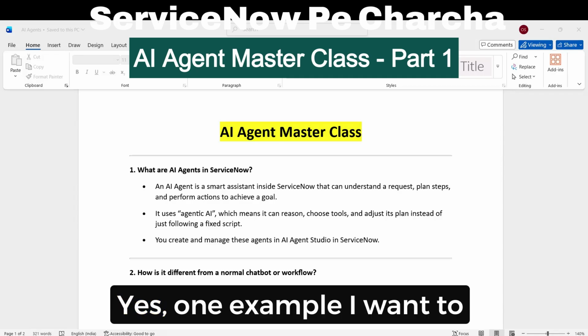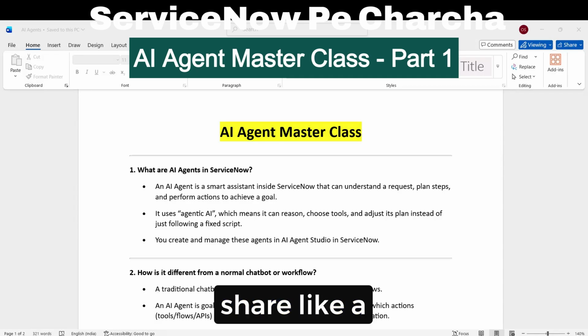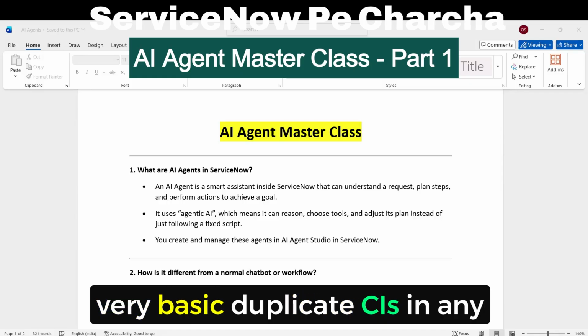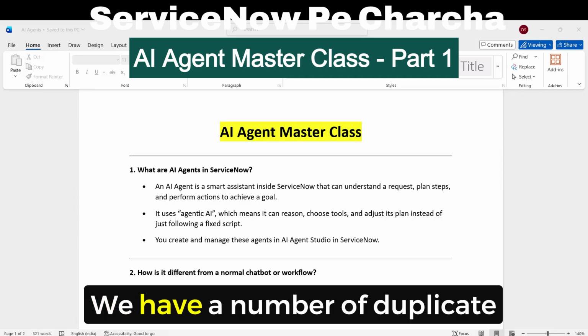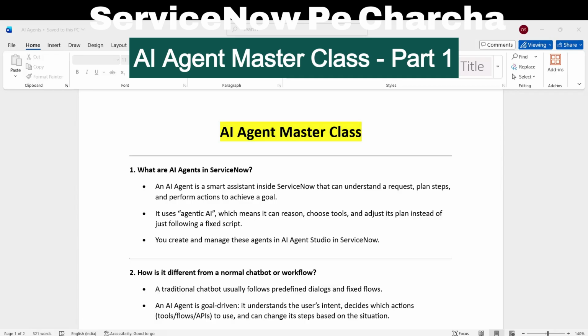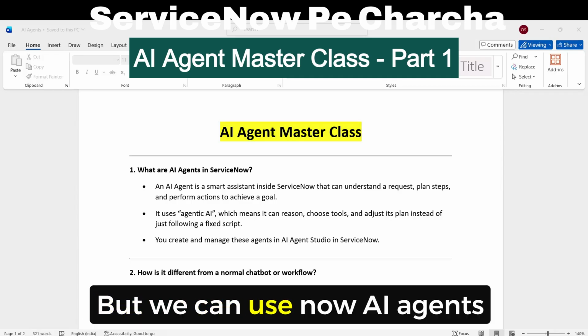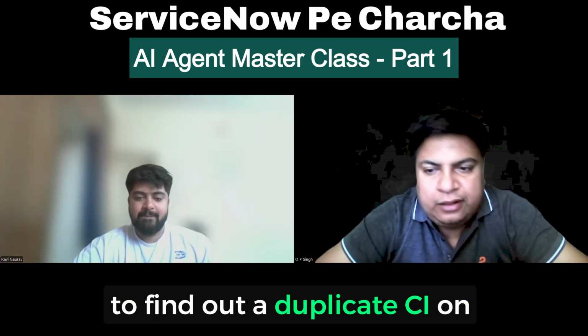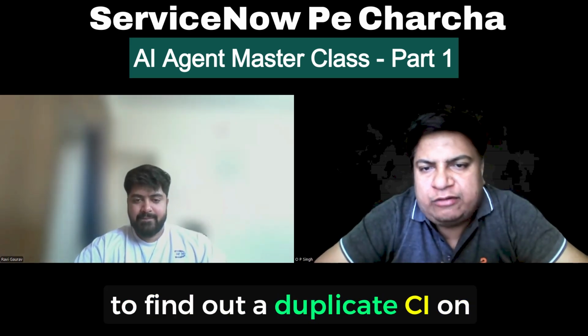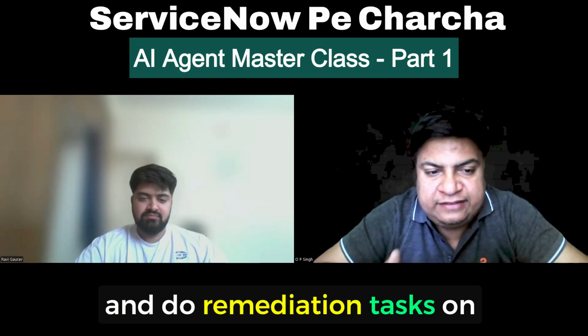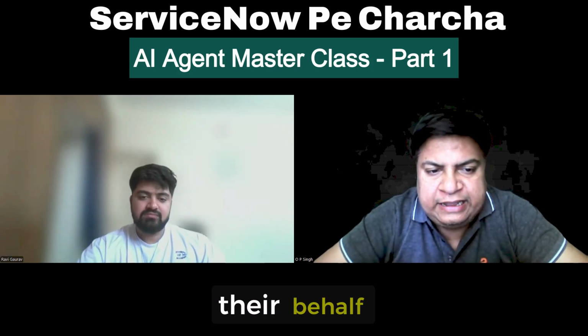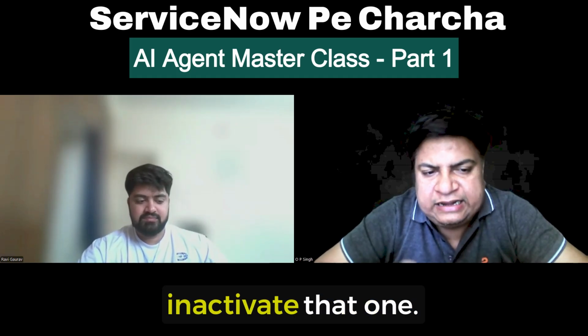Yes. One example I want to share, very basic: duplicate CIs. In any CMDB, we have a number of duplicate CIs, right? But we can now use AI agents to find duplicate CIs on a regular basis and do remediation tasks on their behalf, and finally delete the one which is duplicate or inactivate it.